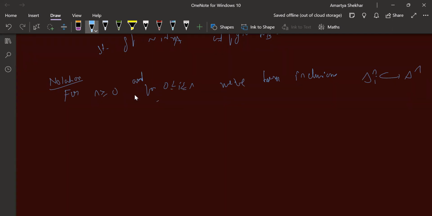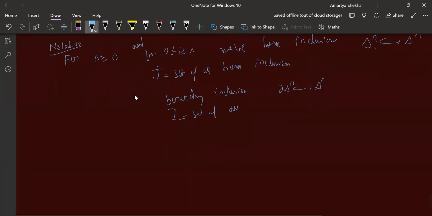I'll call my set of horn inclusions J. And similarly, we have boundary inclusions, and I will call my set of boundary inclusions I.